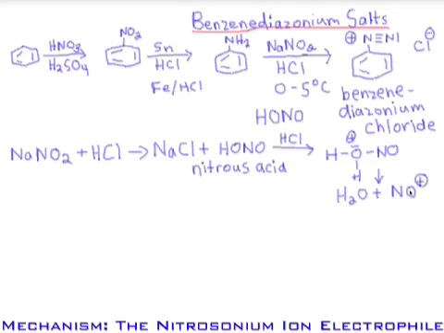Now you don't want to get NO plus mixed up with the electrophile produced by HNO3 and H2SO4. If you recall, HNO3 and H2SO4 produced NO2 plus. NO2 plus was called nitronium ion.